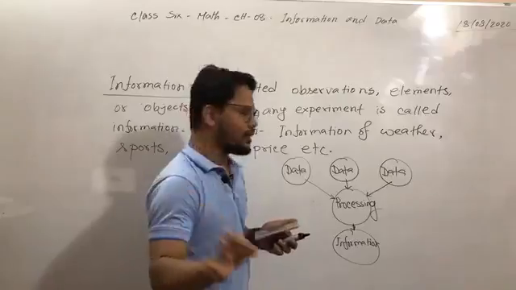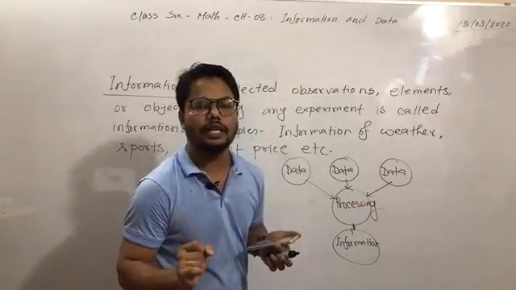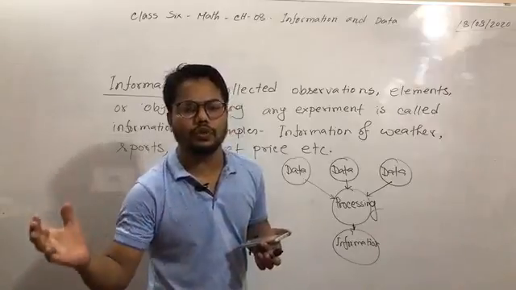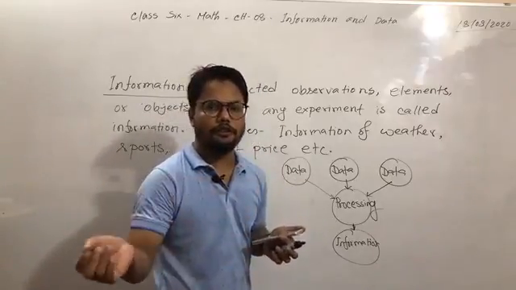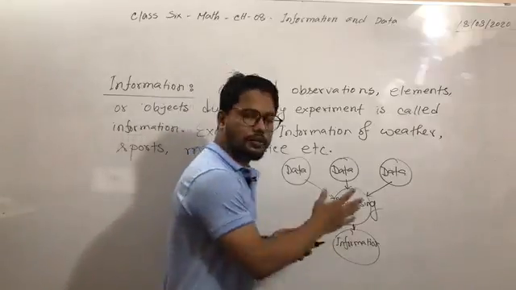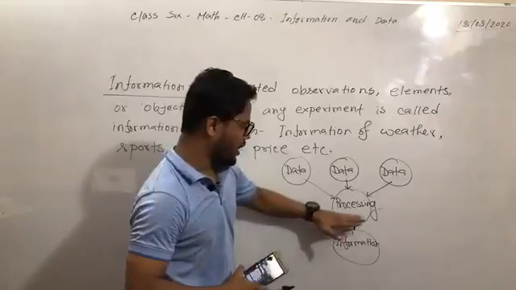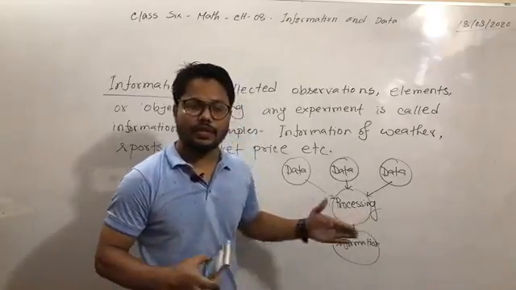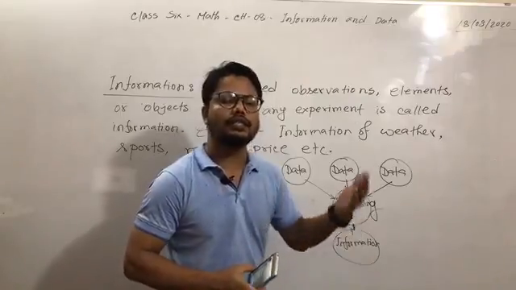Data is nothing except a number, collected numbers, like the age of class 6 students, almost 13 or 14, or blood group. And after collecting and processing different types of data, we can make the informations.